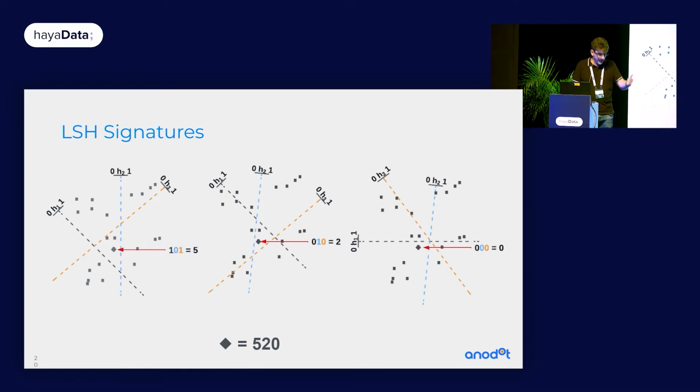For example, you see the diamond vector from the beginning. It has a signature of 520, and the funny part is that it's the only vector having this signature. Again, a toy example, right? Nothing solid, just funny.